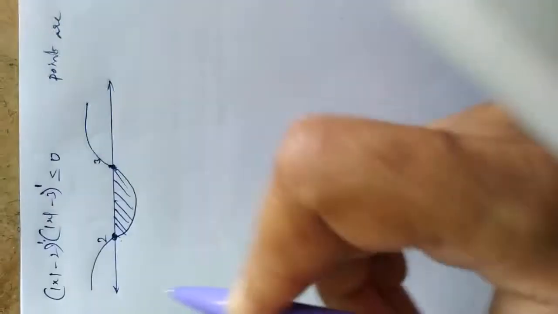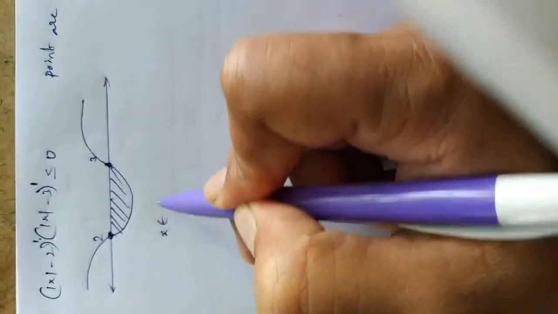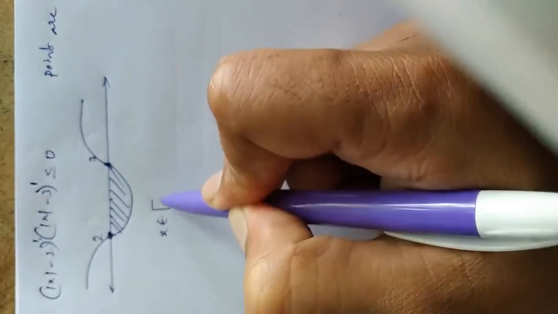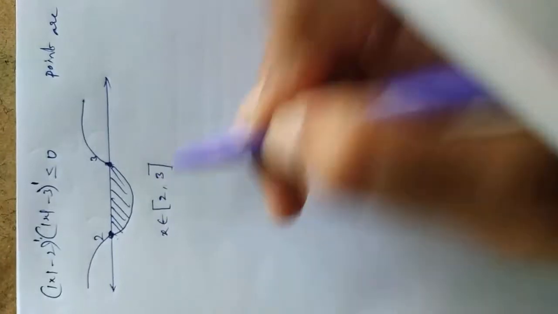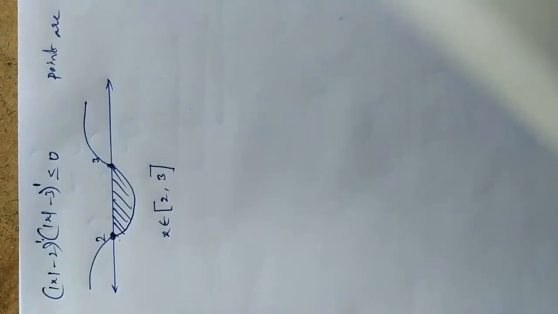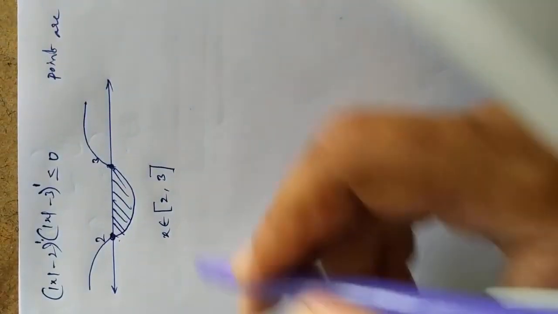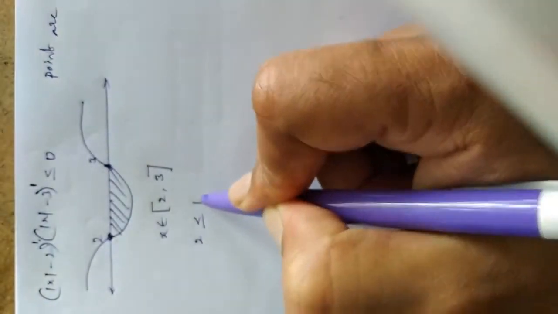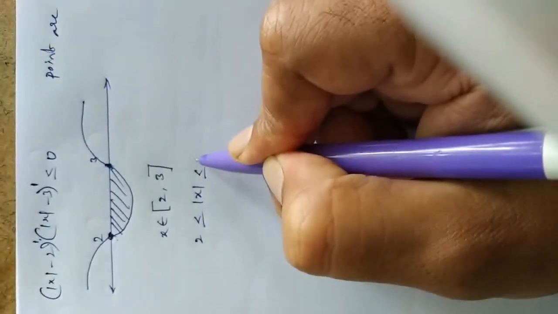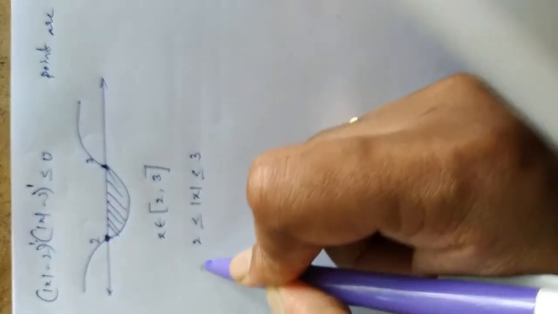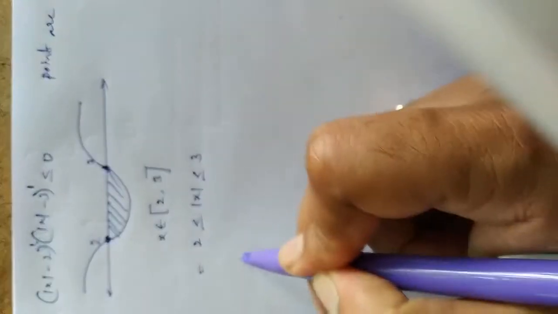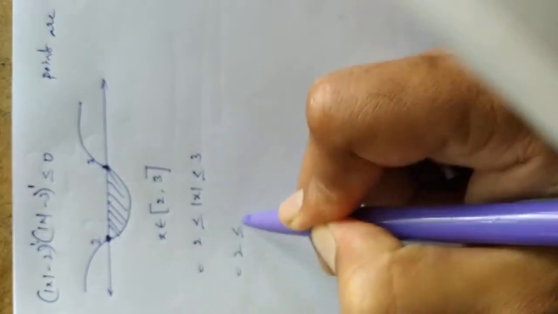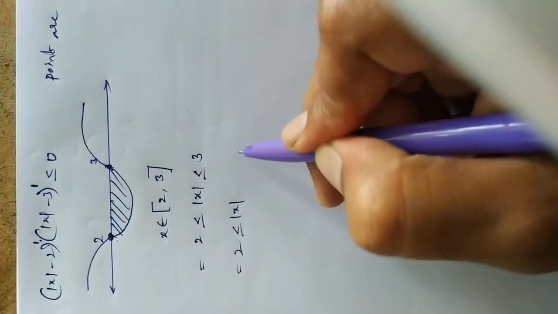Means x belongs to closed 2 comma 3. So mod x is always between 2 and 3. Now separate this: 2 less than or equal to mod x, this is one, and mod x less than or equal to 3. Now simplify.